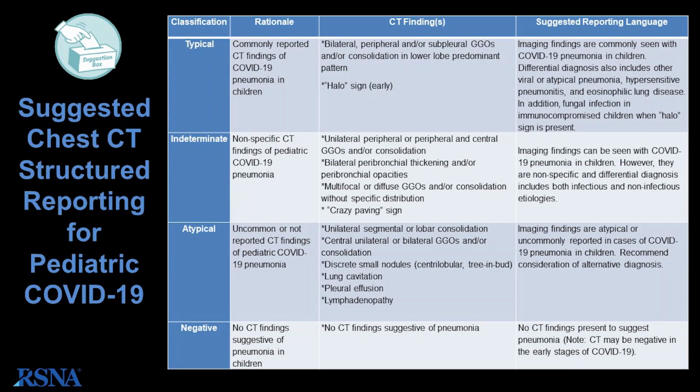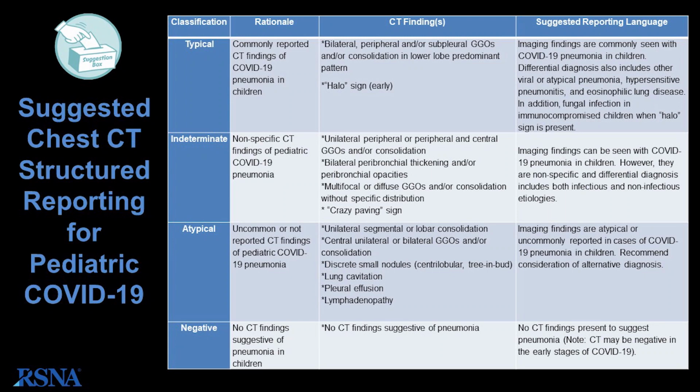Similar to what we described in chest radiographs, we also created 4 categories that can be used to describe CT findings in pediatric COVID-19 patients to help radiologists improve comfort and accuracy in diagnosing COVID-19. The typical category, similar to with chest radiographs, has the distribution that we expect to see of bilateral peripheral and subpleural ground glass opacities or consolidation in a lower lobe predominant pattern.